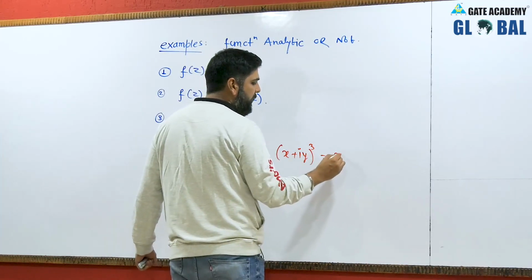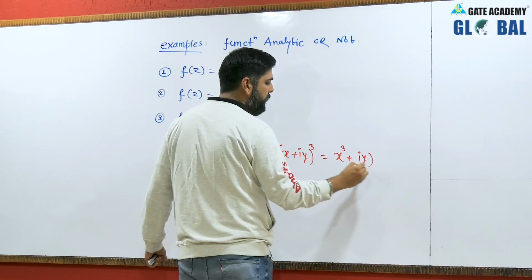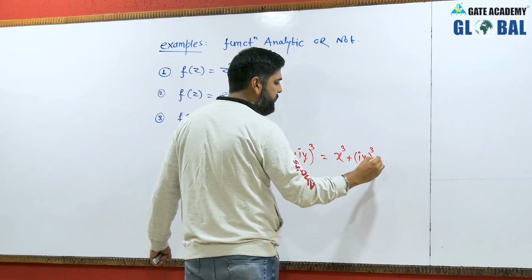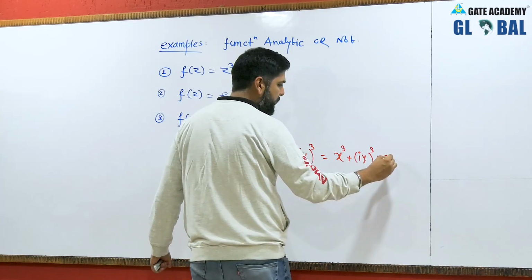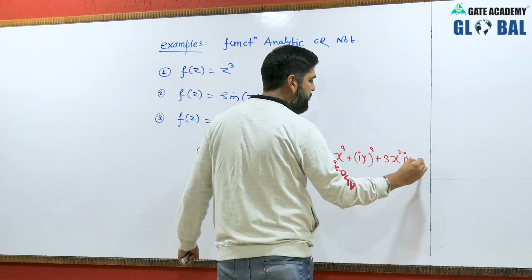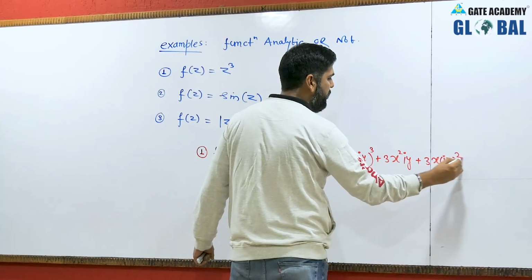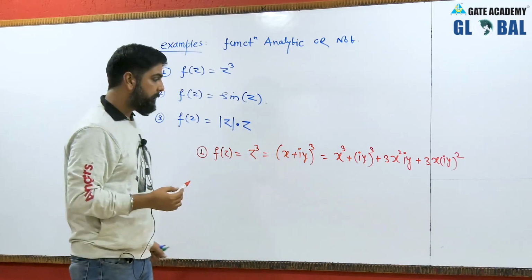So I am having a cube plus b cube plus 3a square b plus 3a b square. Here we are having the separations.